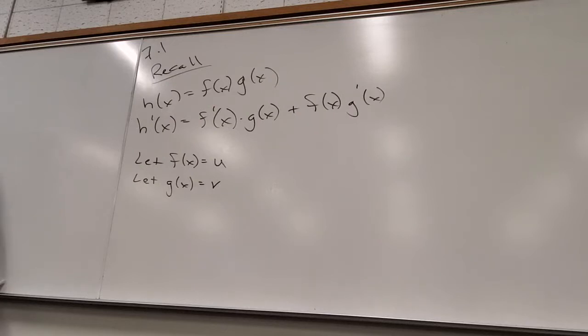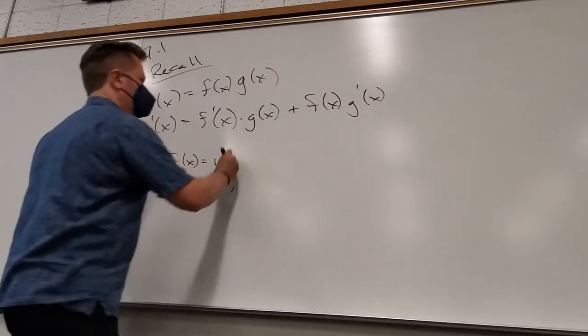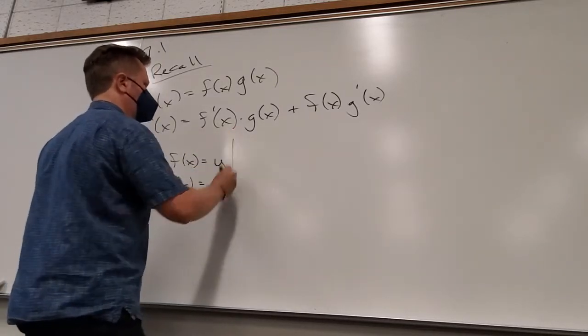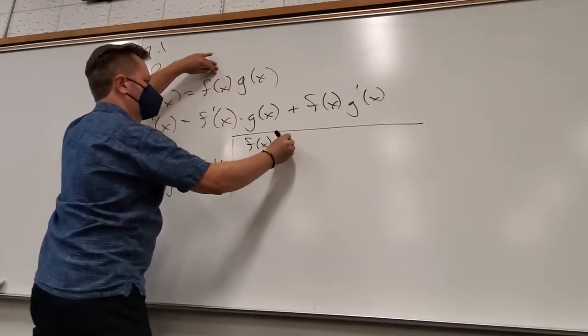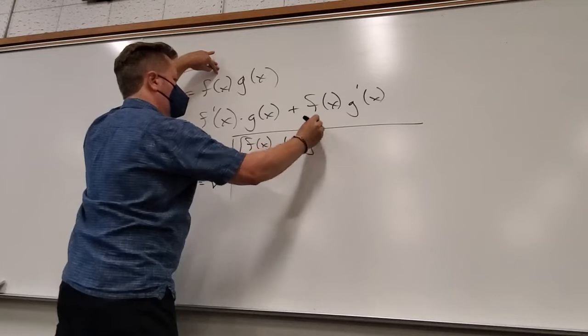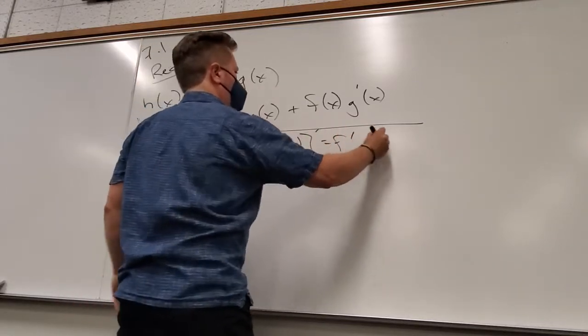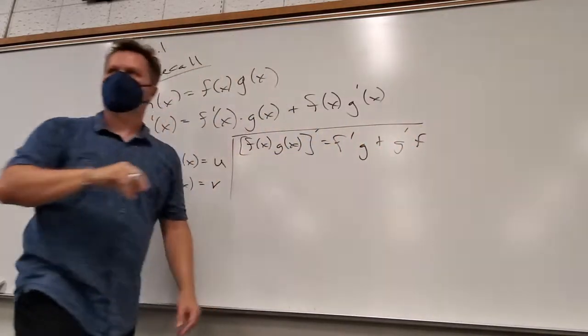You guys kind of with me? What this says is, somehow this is going to become an integral thing. This becomes (f(x)g(x))' = f'g + g'f. Let me just do it quickly like that. Is it cool?